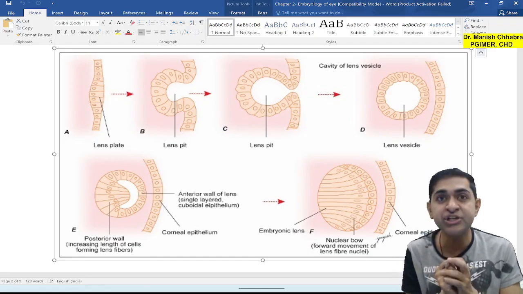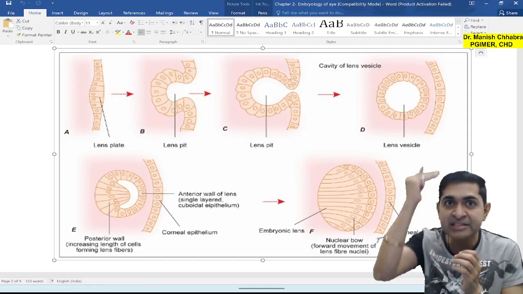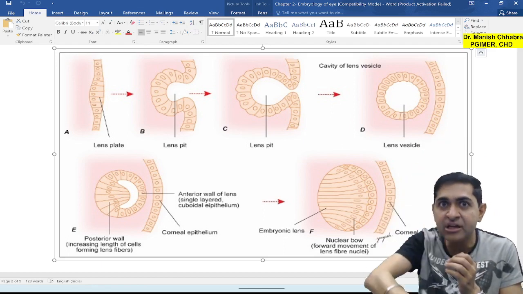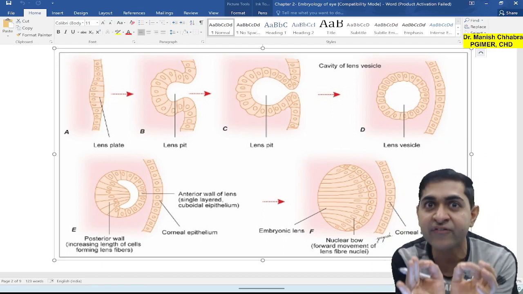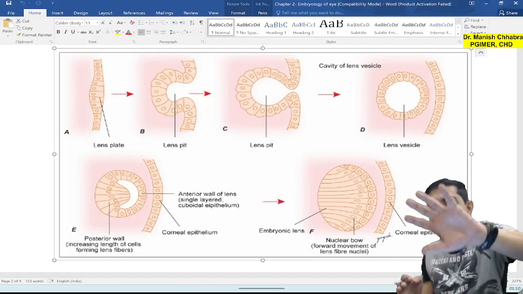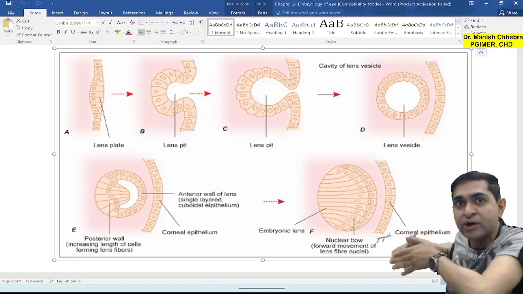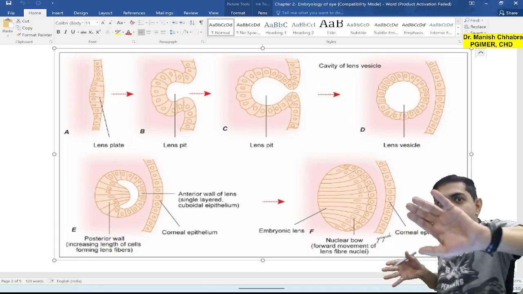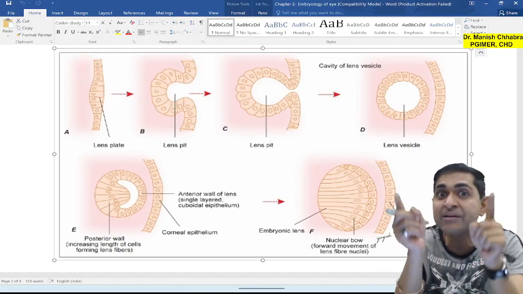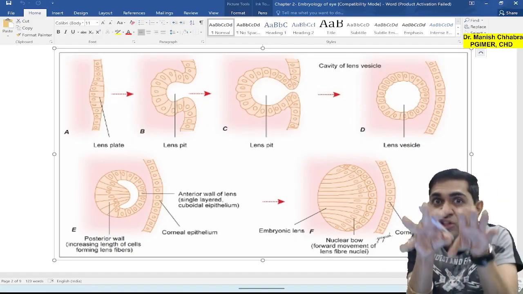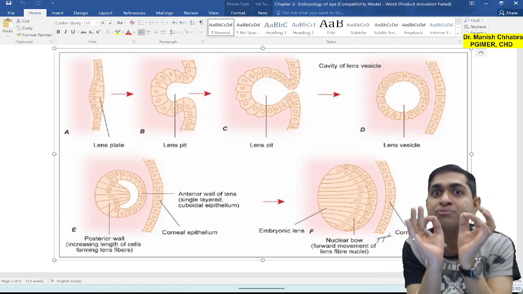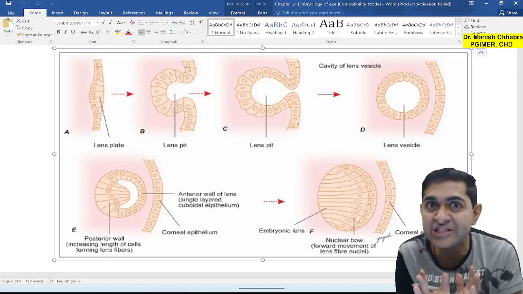My dear friends, this nucleus has been derived from the stretching of the cells which are cuboidal initially. Now they have moved anteriorly, forming a columnar configuration, and the proteins which were initially in these cells turn into transparent proteins. Those proteins are known as crystallines.